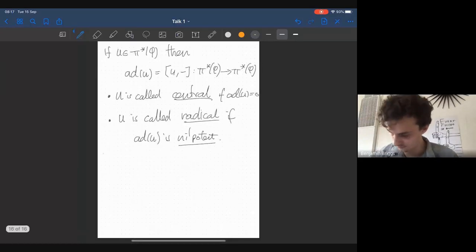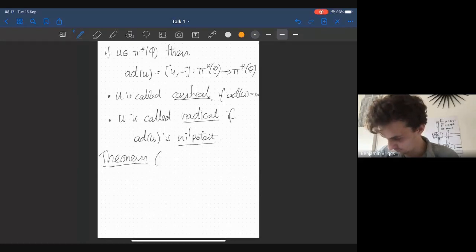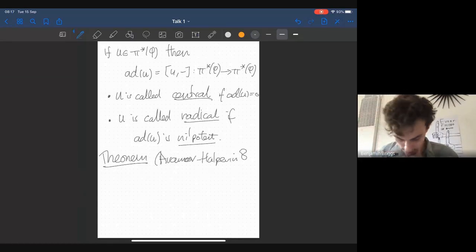So here's a theorem of Avramov again, and Halperin, from 1987. Once again, we always need this background assumption that phi has finite projective dimension.